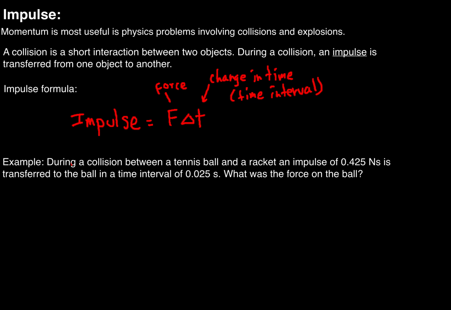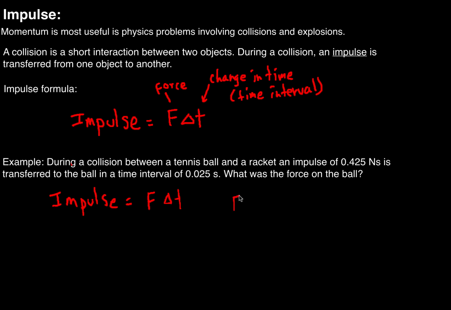Here's an example. During a collision between a tennis ball and a racket, an impulse of 0.425 newton seconds is transferred to a ball in a time interval of 0.025 seconds. What was the force on the ball? Impulse is equal to the force transferred times the time interval it was transferred in.